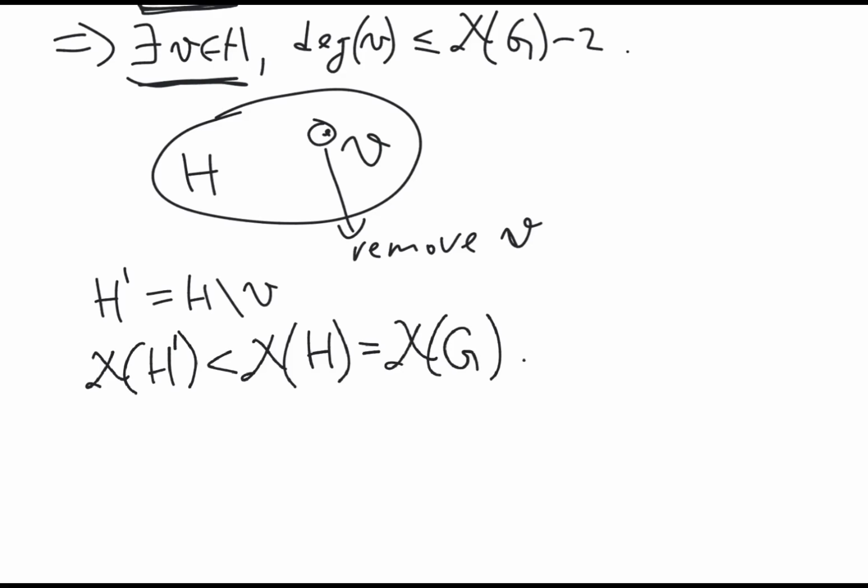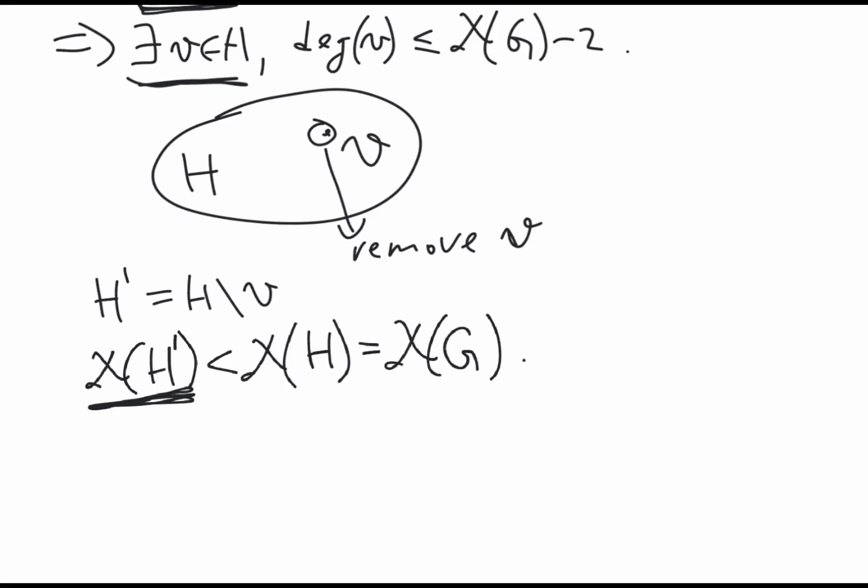So if it's strictly less, then we could take a coloring of H prime with this number of colors, and then add back this vertex v.